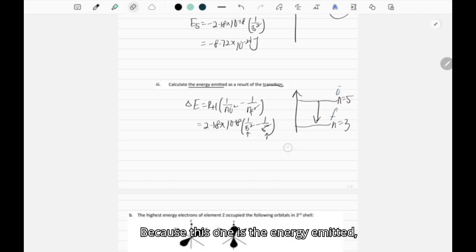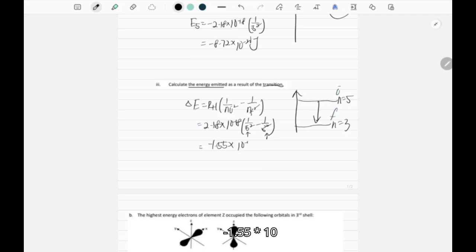Because this is the energy emitted, we get negative 1.55 times 10 to the negative.